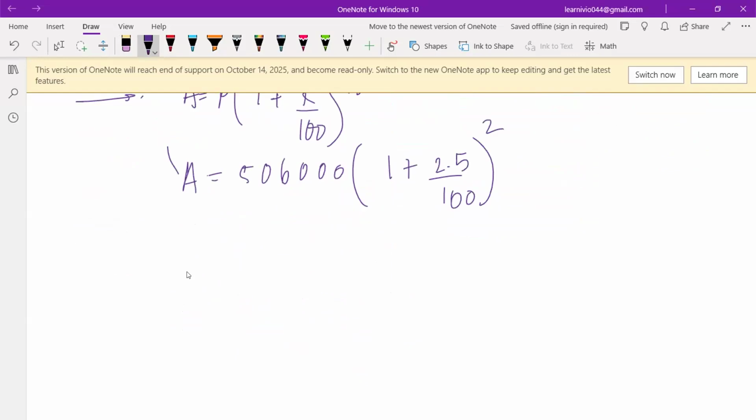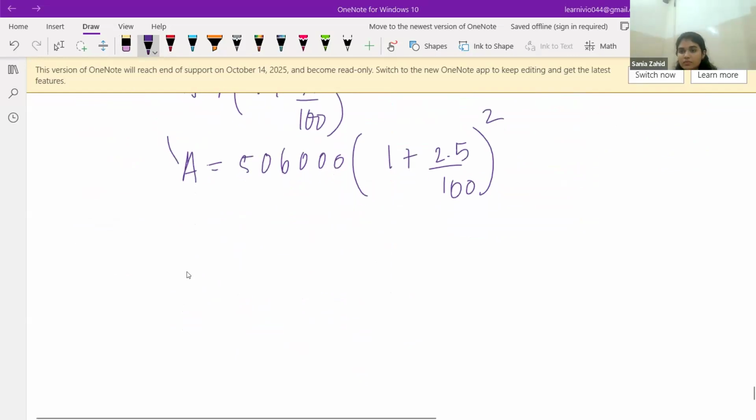Then amount is equal to 506000 times, we can make the denominator 100, (1 by 100 plus 2.5 by 100) whole raised to 2.